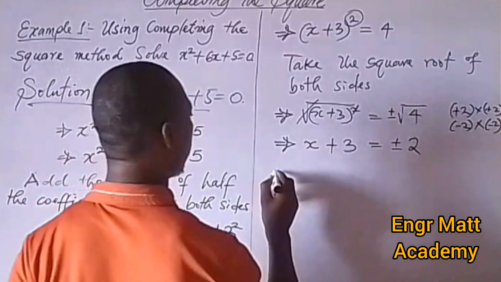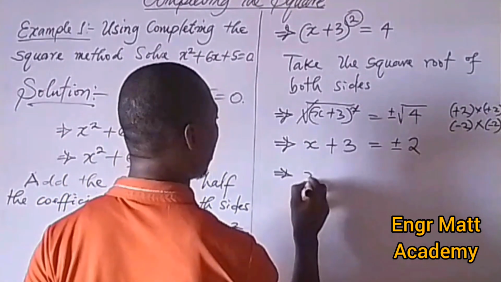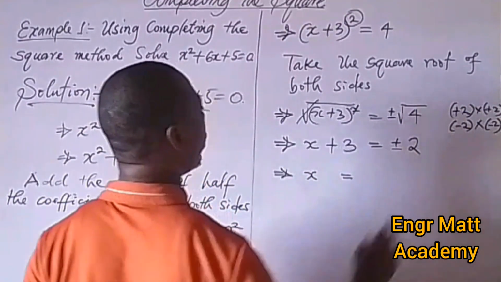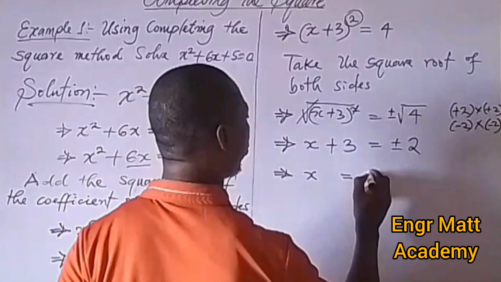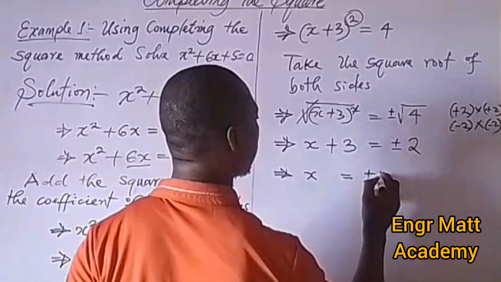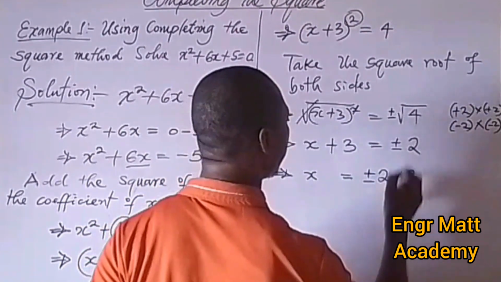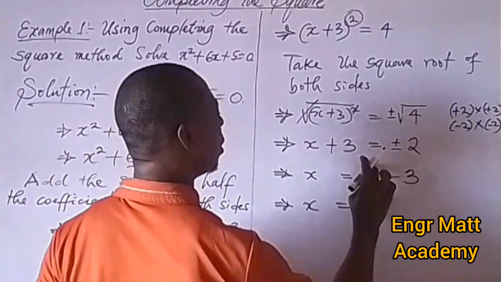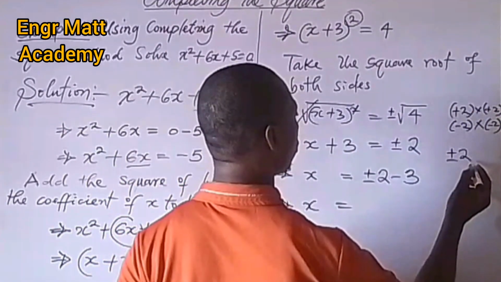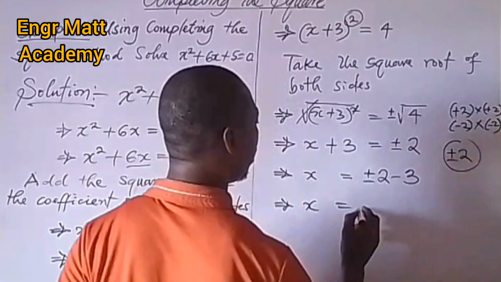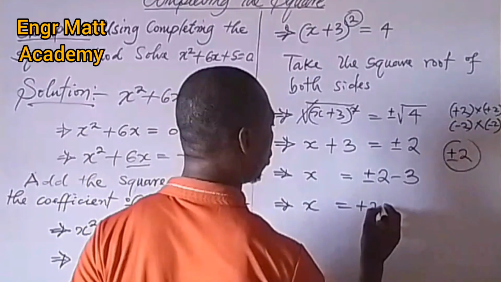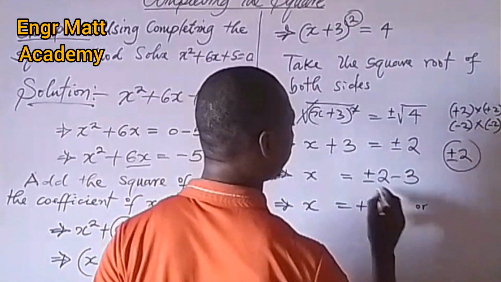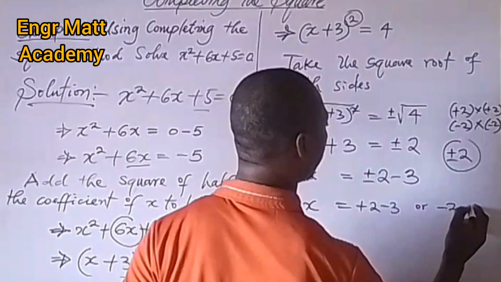So let's continue. We now have x equal to, we move this 3 to the right hand side, plus or minus 2 minus 3. So x equal to, we can now split this. Instead of saying plus or minus 2, we can separate them: plus 2 minus 3, or minus 2 minus 3.